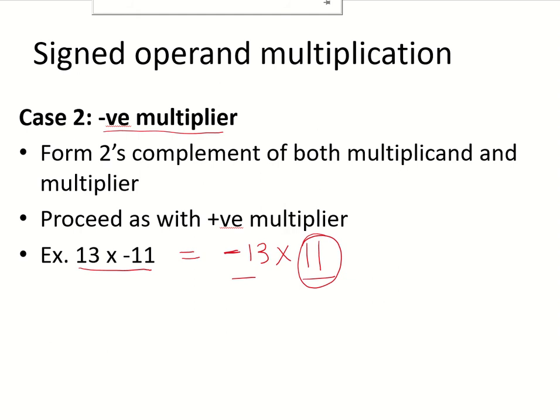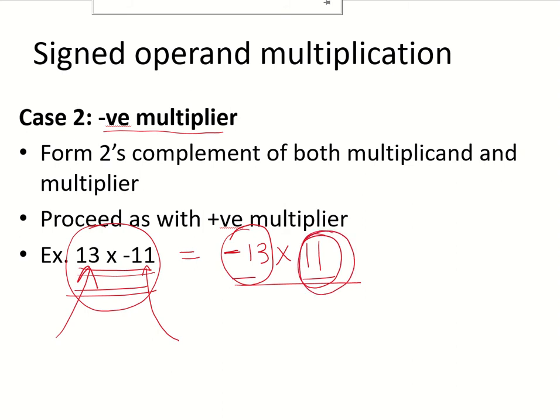So how do we change this 13 into minus 11 into minus 13 into 11? We take the 2's complement of both the multiplicand as well as the multiplier. So if we take the 2's complement of 13, it will become minus 13, and if we take the 2's complement of minus 11, it will become 11. And now we have a positive multiplier, and we can proceed as we did in the first case.